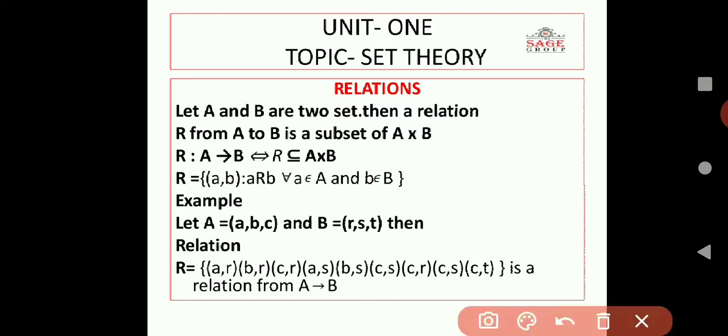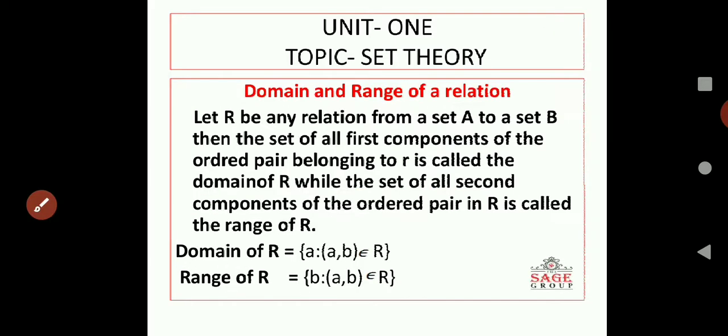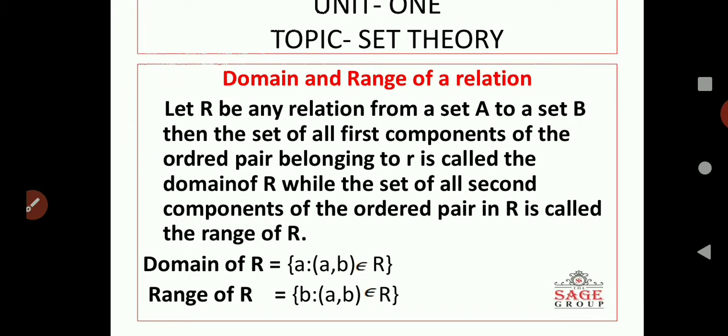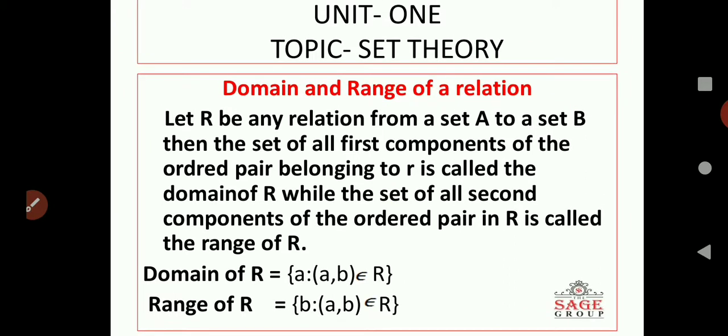So mathematically we write R is equal to (a, b) such that a is related to b for all a belongs to A and b belongs to B. Now the second definition is the domain and range of a relation.